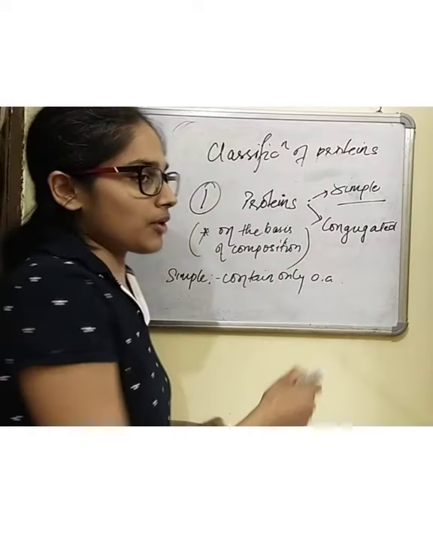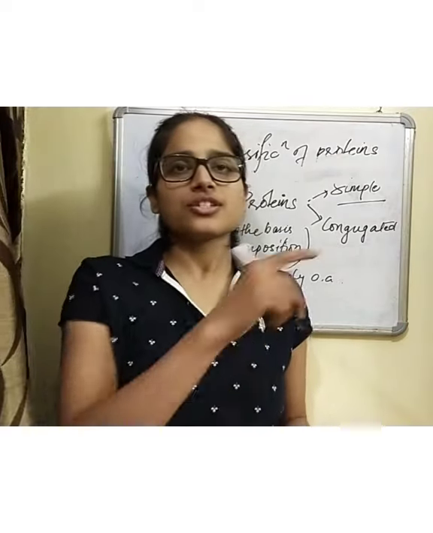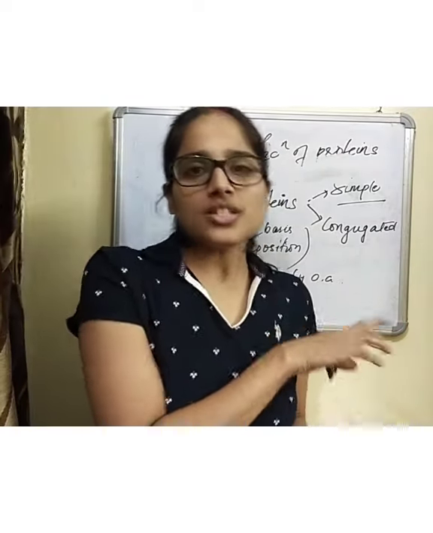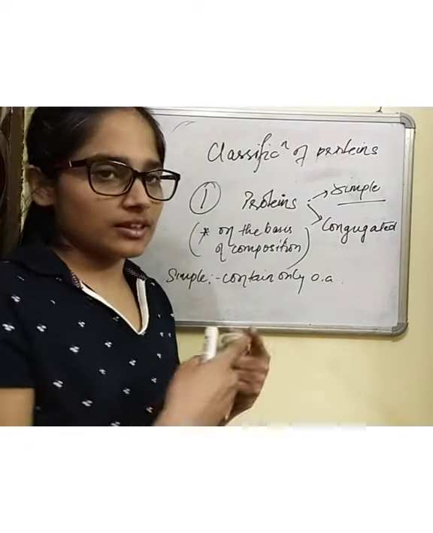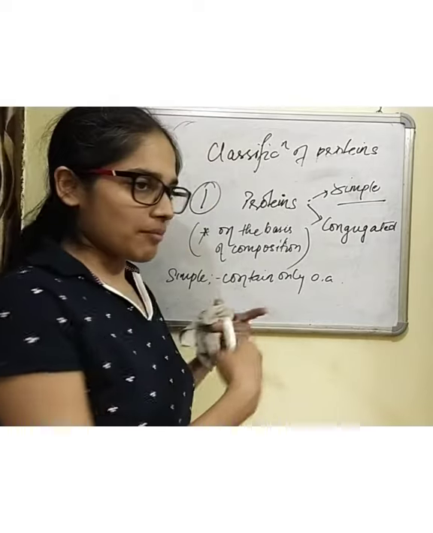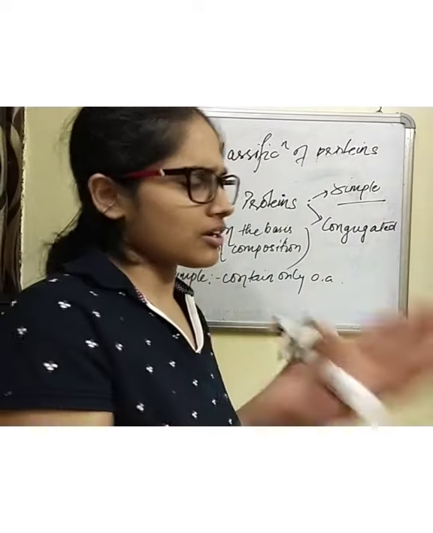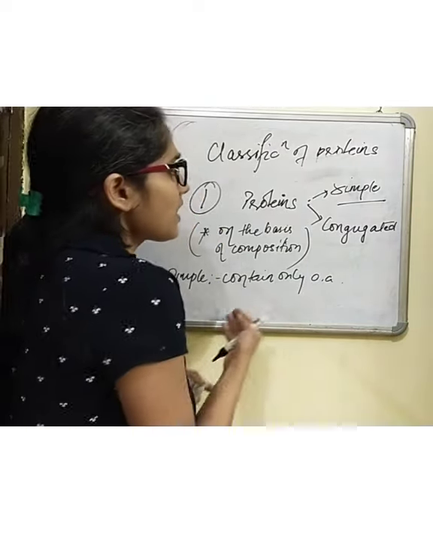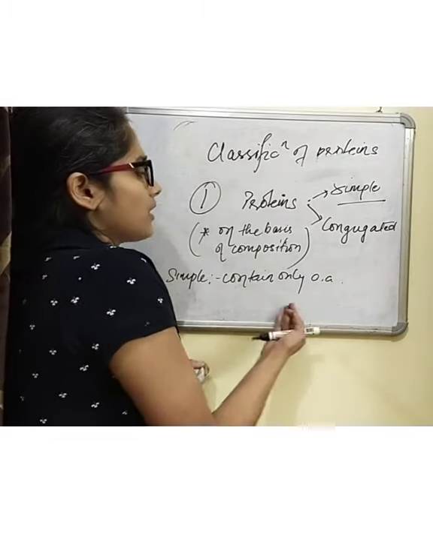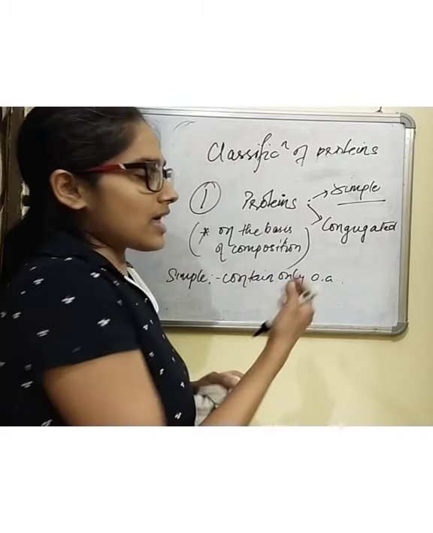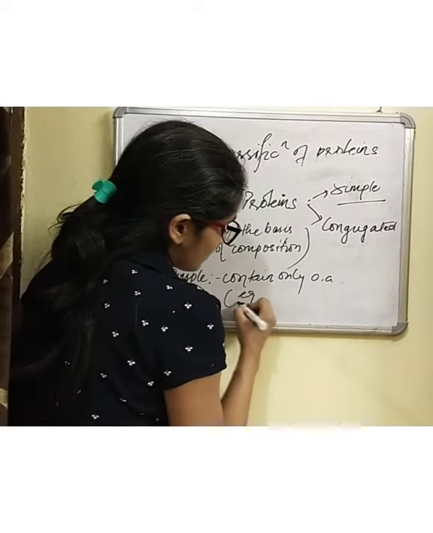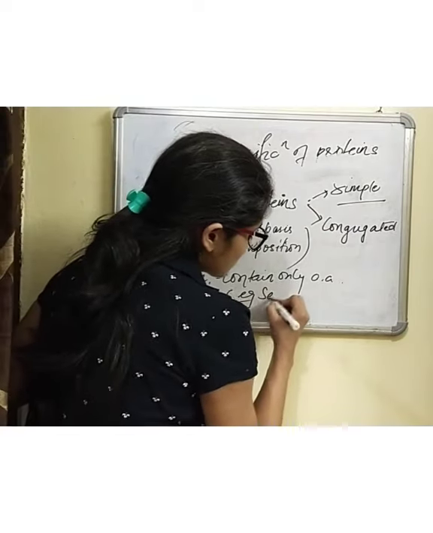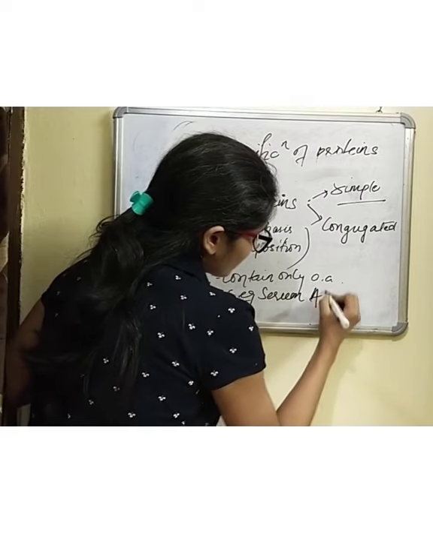If the protein molecules are composed of just amino acid residues, nothing else, connected via peptide bonds and then folded into various types of configurations, and nothing else is involved, then that is known as simple proteins. For example, an example of a simple protein is serum albumin.